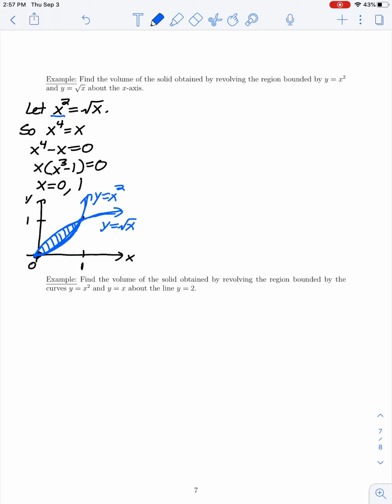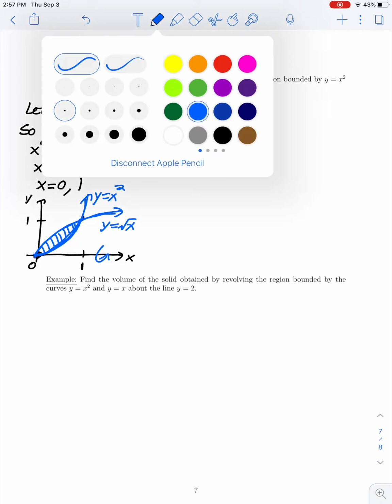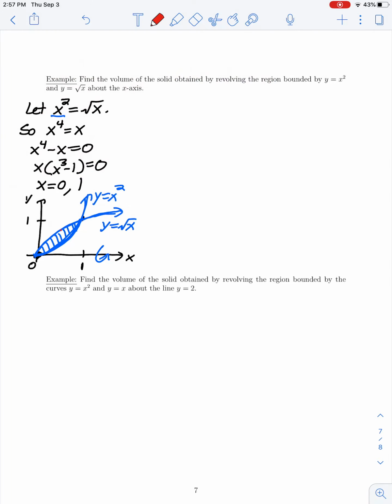So if we were to revolve that region about the x-axis, we want to find the volume of the resulting solid. So let's think about taking a small slice through this region at a point x, somewhere between 0 and 1, of a thin width dx.